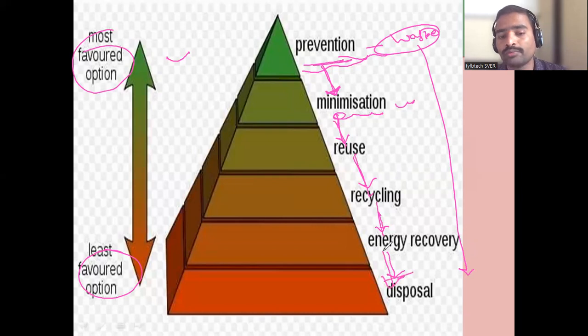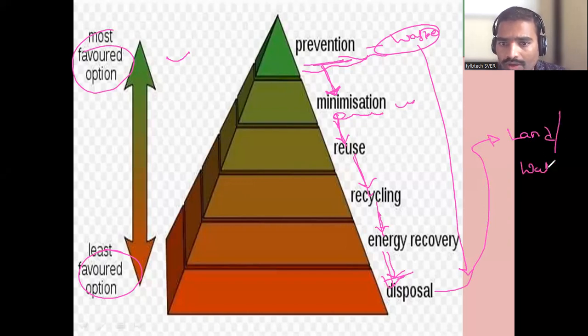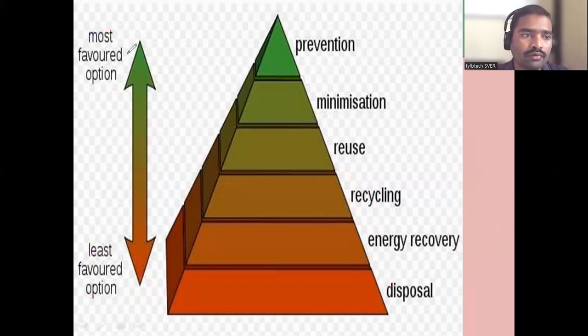At the last, you come to disposal. Disposal is done either to land, or to water bodies like rivers and oceans, or by incineration. There are different methods, which you will study. So this is the most favorable and this is the least favorable.